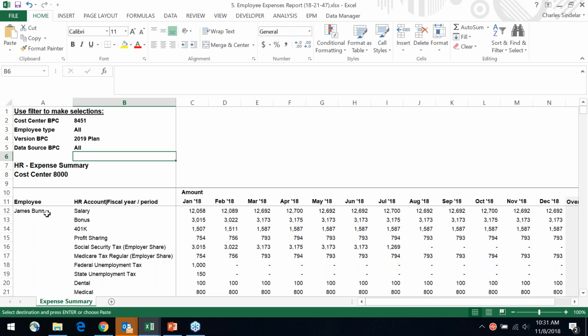So it happens pretty quick, and the beauty of that is if we need to change the assumption on standard pay raise, say we had a bad year and pay raises are going to be small, you go in there, you click, take the 3% or whatever you added for your merit increase. We didn't actually even cover that template because we don't have time to cover every individual one, and you can change it.